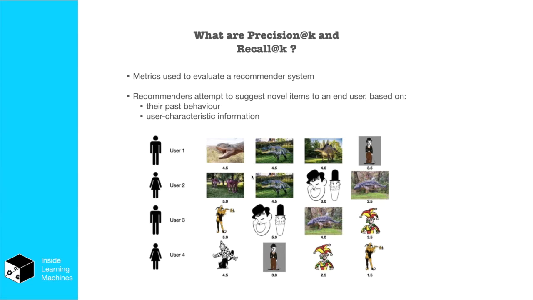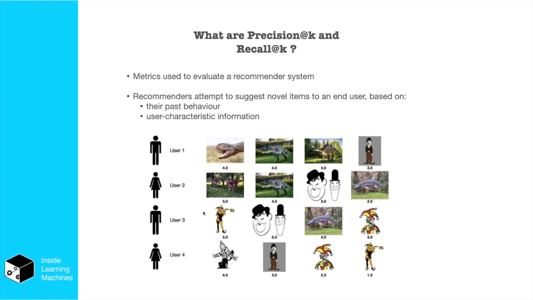If we go on to user 2, this person has also watched 3 different dinosaur movies. The first 2 are rated quite highly, whereas the last dinosaur movie has a somewhat lower rating. This person has also watched 1 comedy movie and given it a reasonable rating of 3.